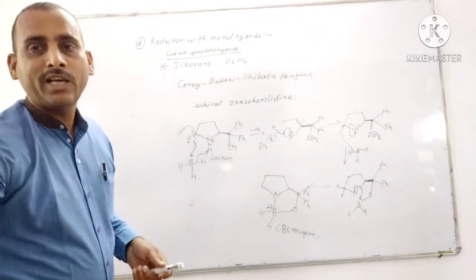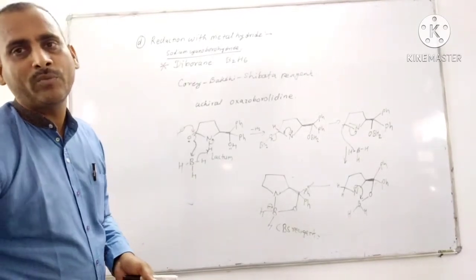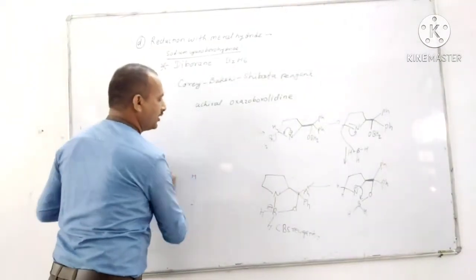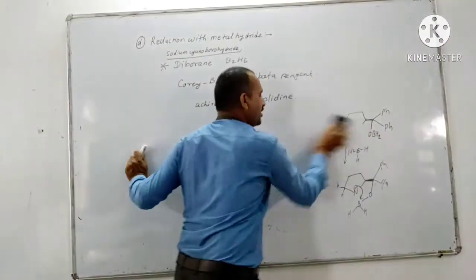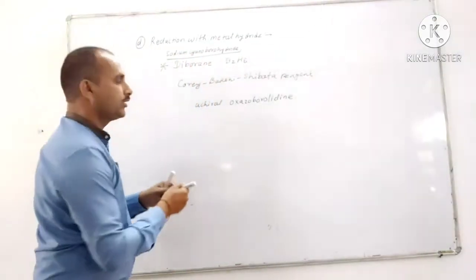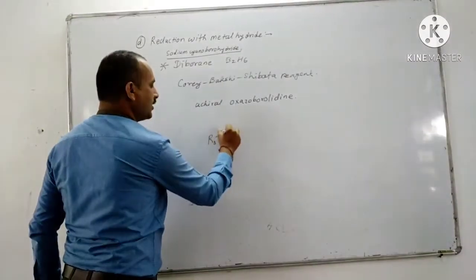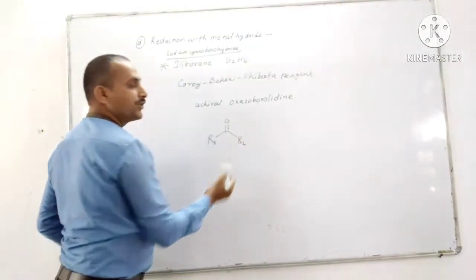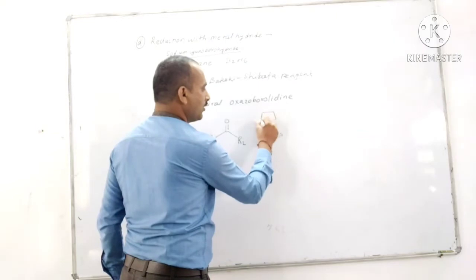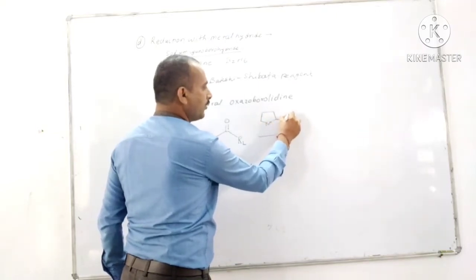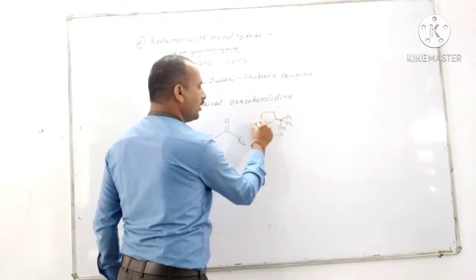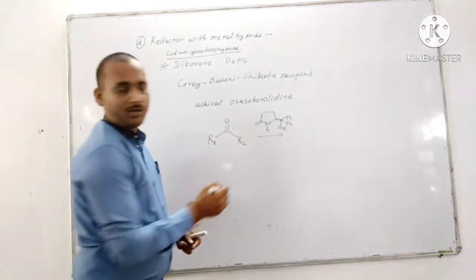Now, this selectively reduces the carbonyl group to form the enantiomers, and the one enantiomer formed is the major product by using this CBS reagent in presence of borane. So RS small group and RL large group in presence of lactam and borane BH3.